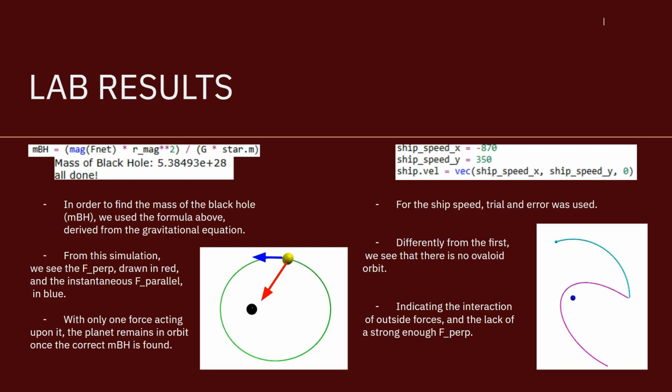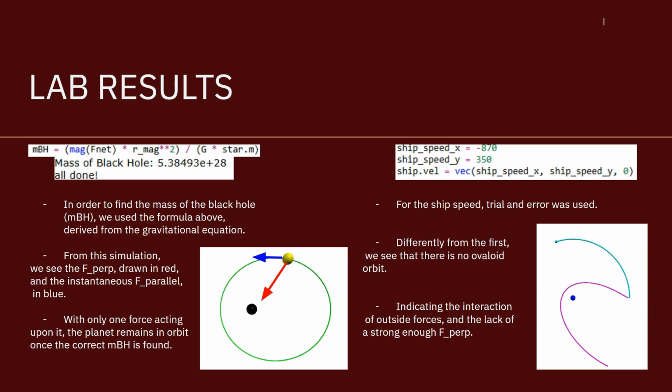Now, for our second trial, we use some trial and error to find the x and y speed. While I picked negative 870 and 350 for the y, there are other simulations that could be run with different times and different speeds. However, we see through mine that, differently from the first, there's no ovaloid orbit when the ship is traveling at this velocity.